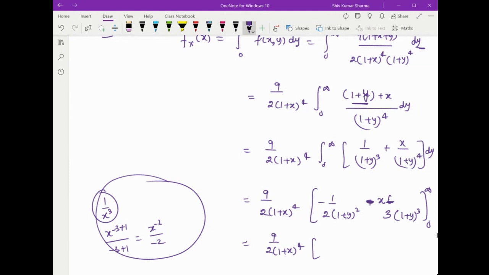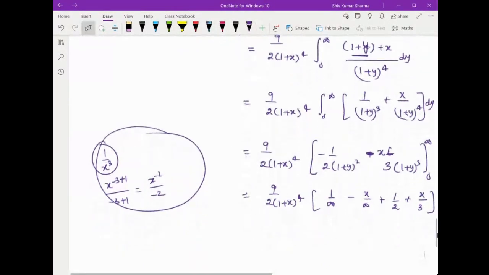And when we put y tends to infinity, so infinity squared, something we add to infinity gives infinity, so something upon infinity is 0. Same as x upon infinity, something upon infinity is 0. For the lower limit we put y equal to 0, this gives us 1 by 2, and here also plus x upon 3.